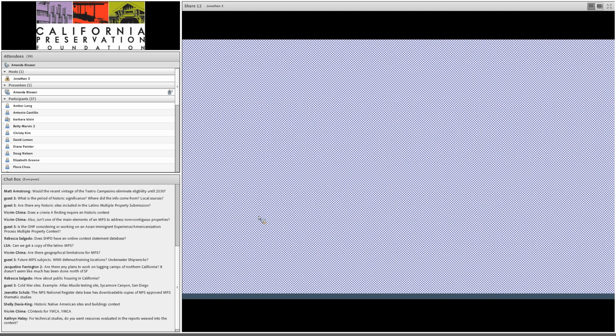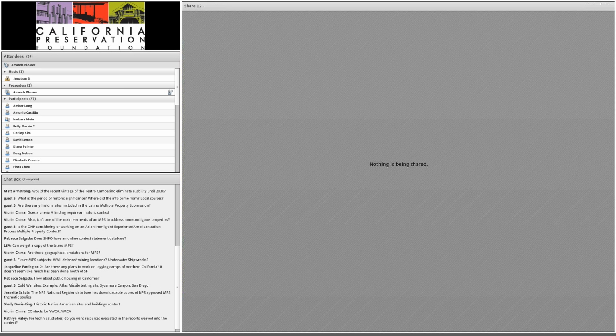I think that might be useful, but hopefully you'll find contexts that are associated with those previously identified resources. But does that answer the question? I think she's talking about technical studies, survey reports specifically, not necessarily nominations. If you can weave it in, that'd be great.